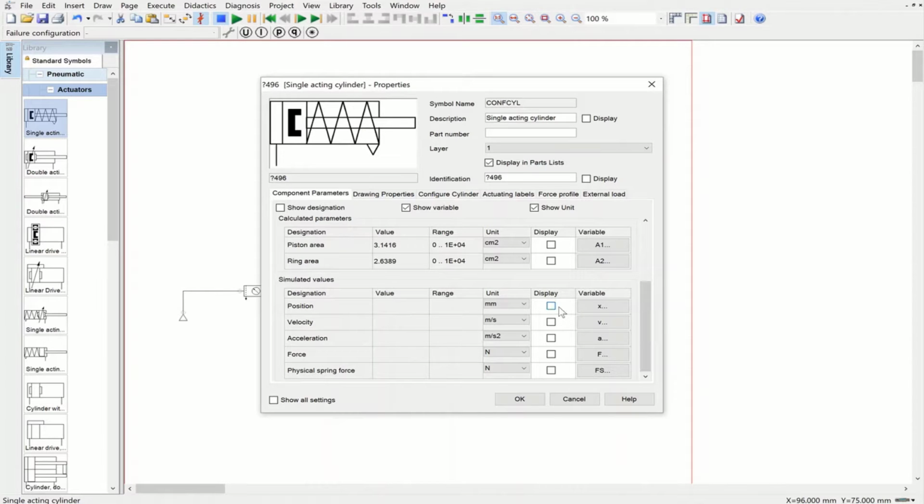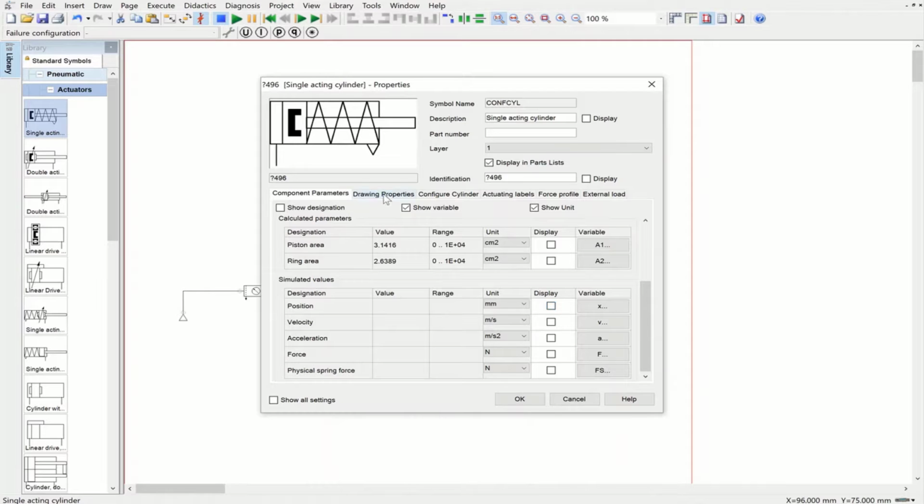If we check each of these display items, we can see the value of each of these parameters inside the simulation. The good point here is we have a good visualization of these parameters, and if, for example, we are controlling the velocity of the actuators, we can easily observe what is going on there. So that is related to the component parameters.